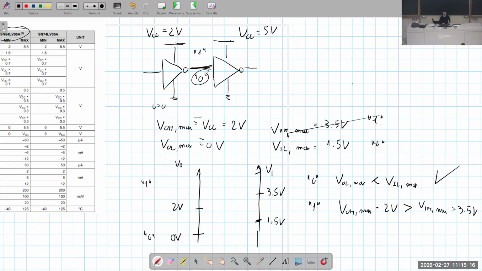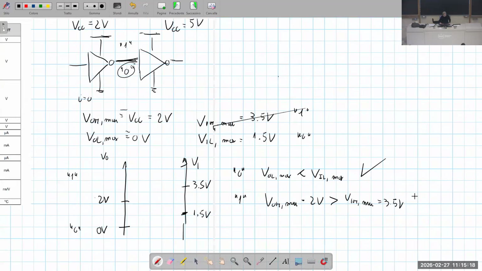So this inequality is not respected. So the condition for the high logic level is not guaranteed. So this interconnection of digital circuits does not work. Okay?